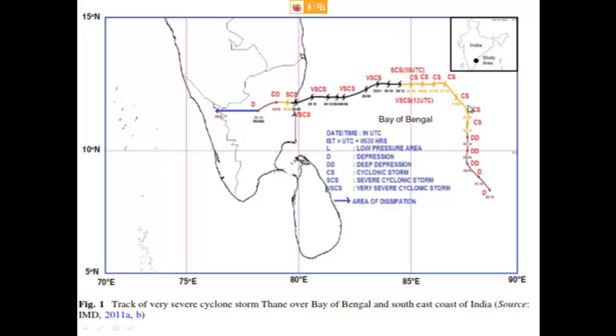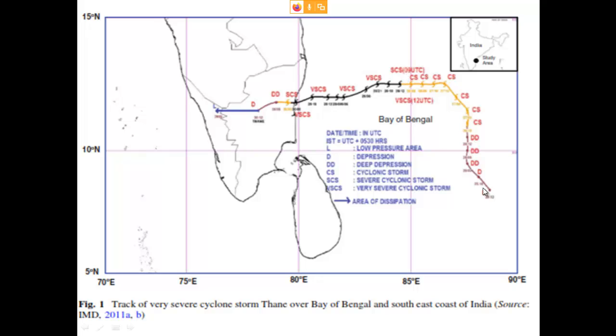See, once the cyclone storm has started moving towards the shore, it gets even more severe. Some storms will become severe and some will lose their power. Okay, whereas the Thane Puyal which hit Tamil Nadu was gaining strength when it traveled towards the shore.